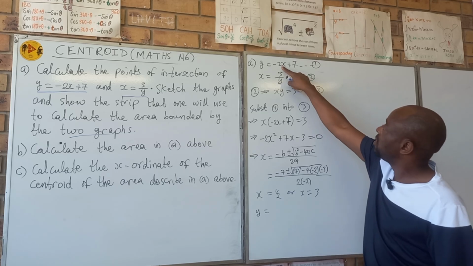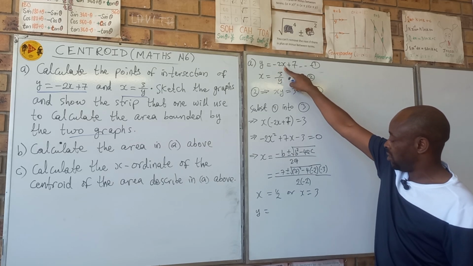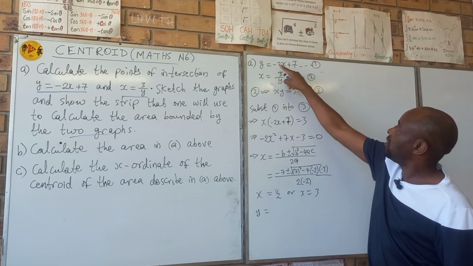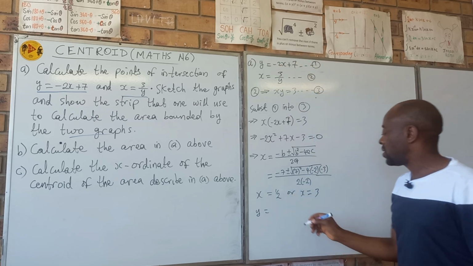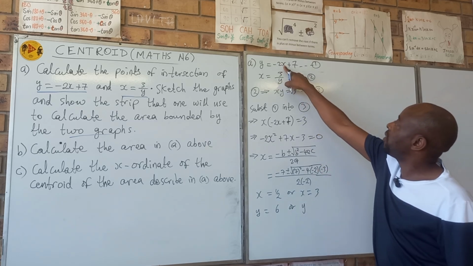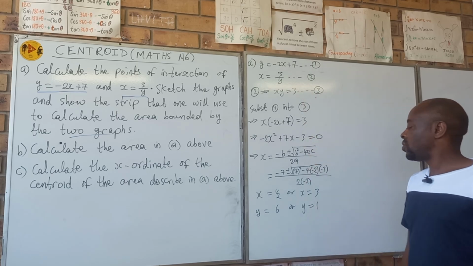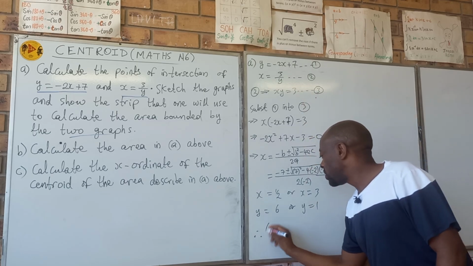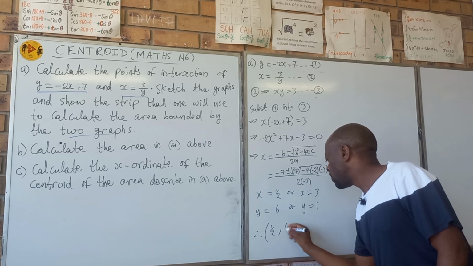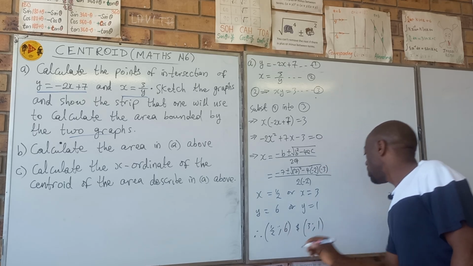If we put x as a half there, negative 2 times positive a half gives us negative 1. Negative 1 plus 7 gives us 6. Or if we put x as 3, this is negative 6. 7 minus 6 takes us to 1. So you see we've still arrived at the same points of intersection that we got in the first method.